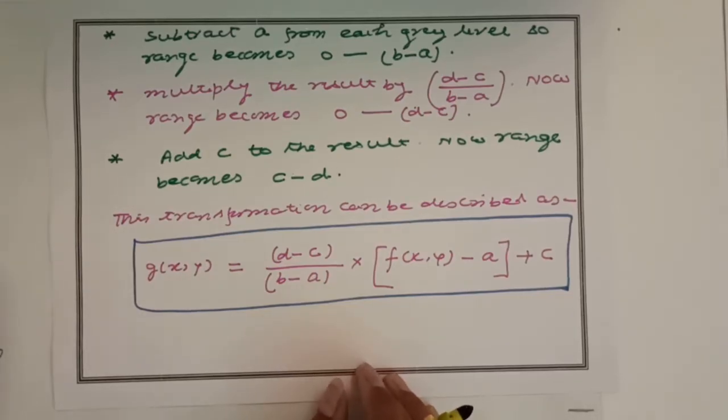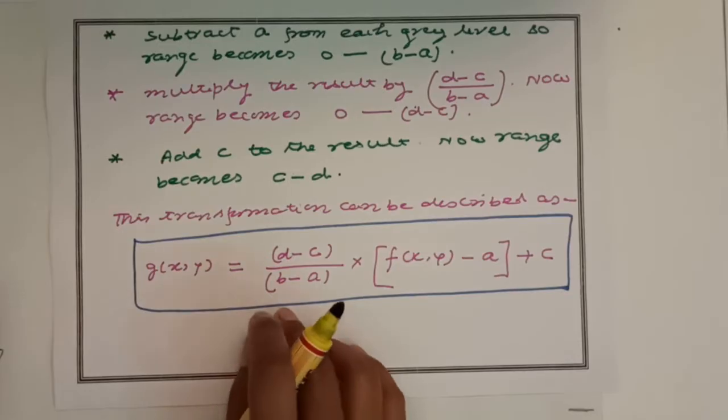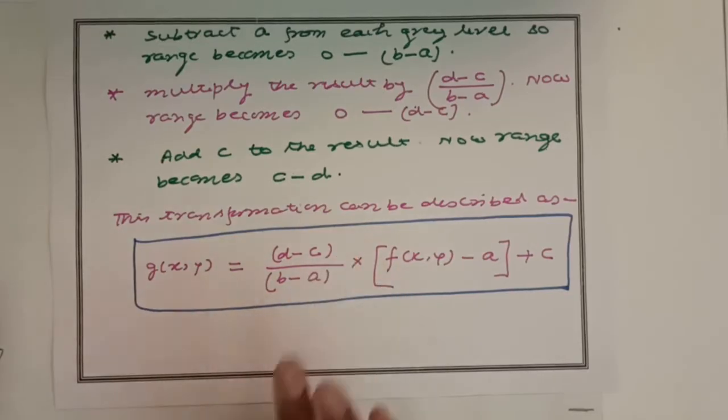So this is all about range normalization. It means the input range given from A to B was transformed into C to D.